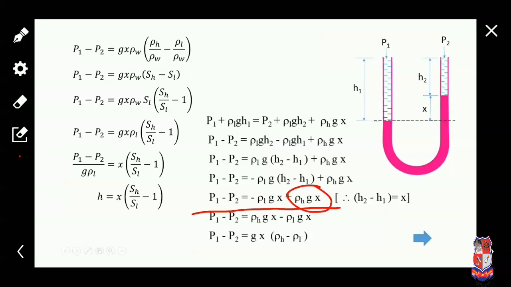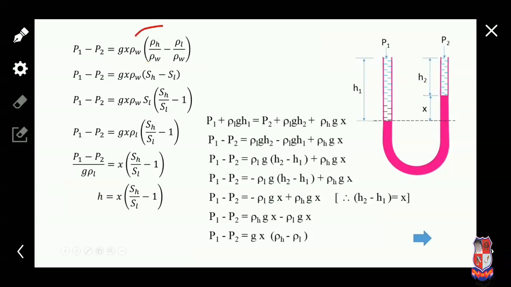Now we rearrange the equation and take g x as common. Now on the right side of the equation we multiply and divide by the density of water.